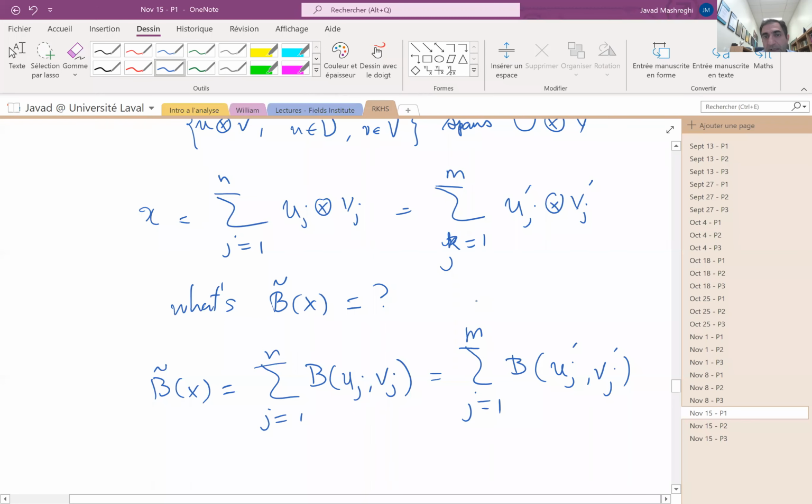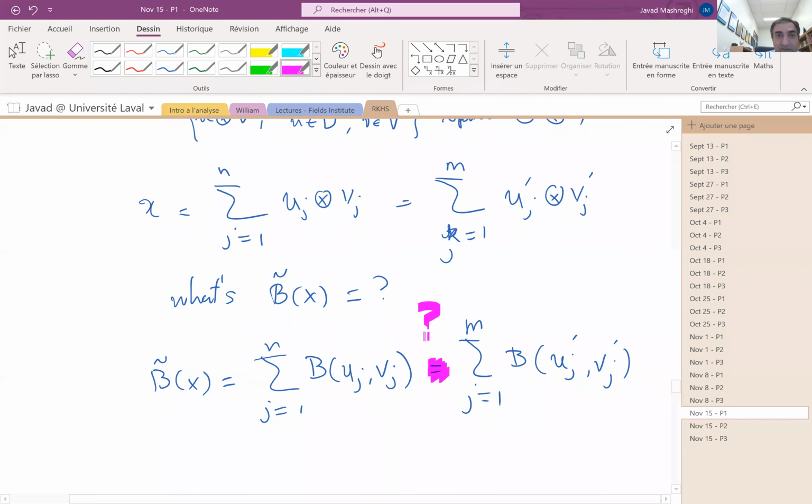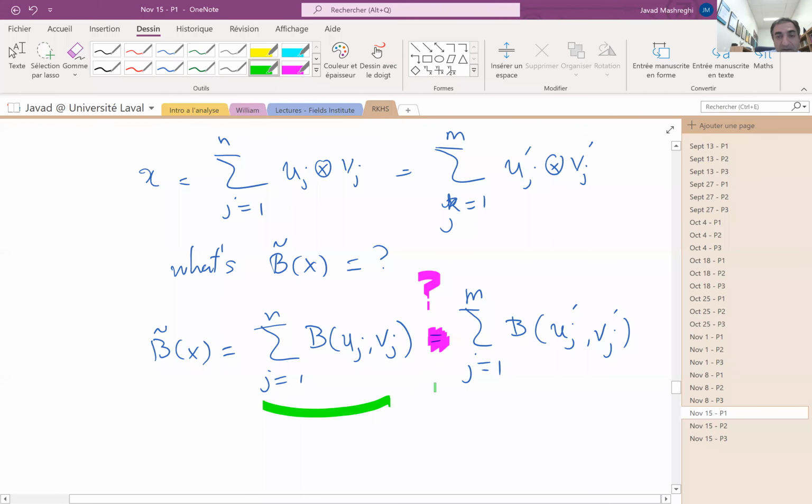I just mean another representation. And there is absolutely no clue why this should hold. Why? And the goal of the proof, indeed, if you look carefully, is to show that this is true. Doesn't matter which representation you use, even though at the beginning the appearance is different, when you do the operation, at the end you obtain the same value. That's the goal of the theorem.